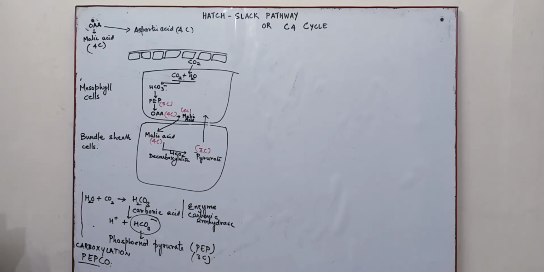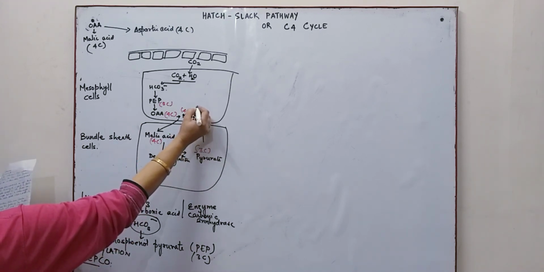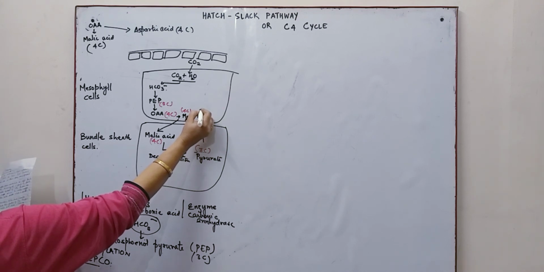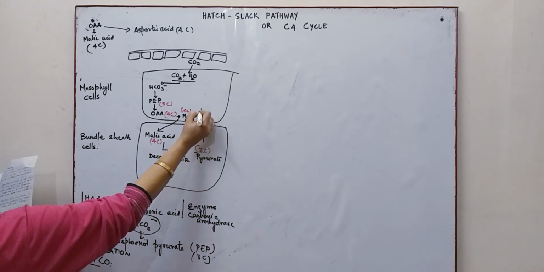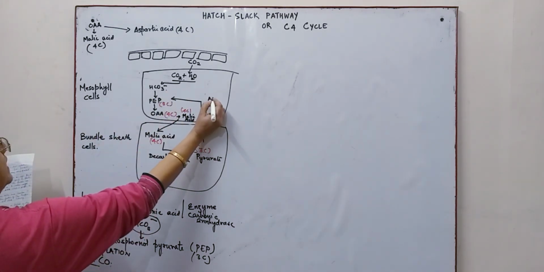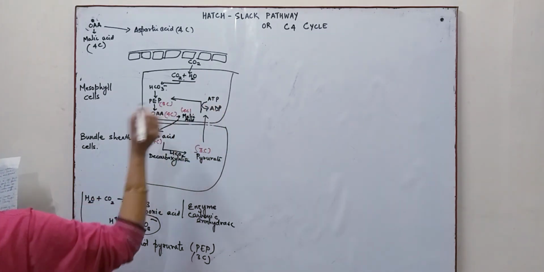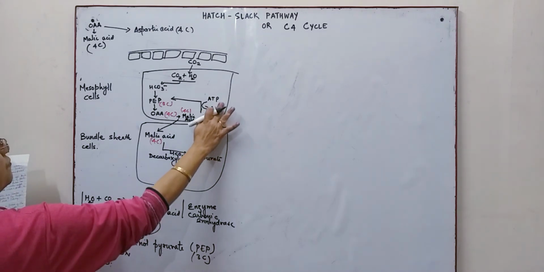So this pyruvic acid undergoes phosphorylation to form phosphoenol pyruvate, that is PEP, and during phosphorylation ATP is used and it is converted into AMP, monophosphate.